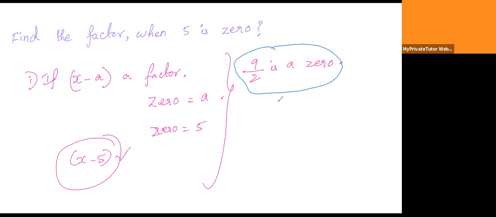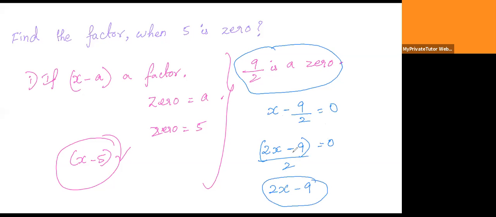What is the factor, guys? x minus 9 by 2 will do that, and then we're going to obviously take the LCM. But we won't take the 2 in the denominator, because that 2 goes to the other side and it becomes a 0. It looks like this. And the factor is 2x minus 9.